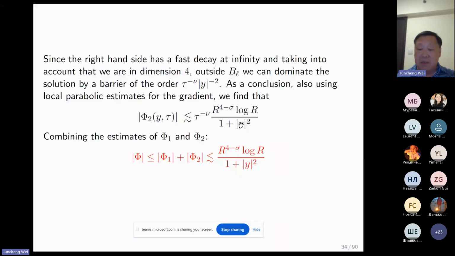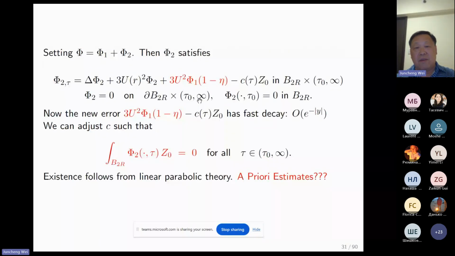The main problem for this problem is the estimate inside, in the region where y is less than or equal to 2, because for y greater than 2 you have the maximum principle, but inside the region where y is less than or equal to 2, you lose a lot of R's.